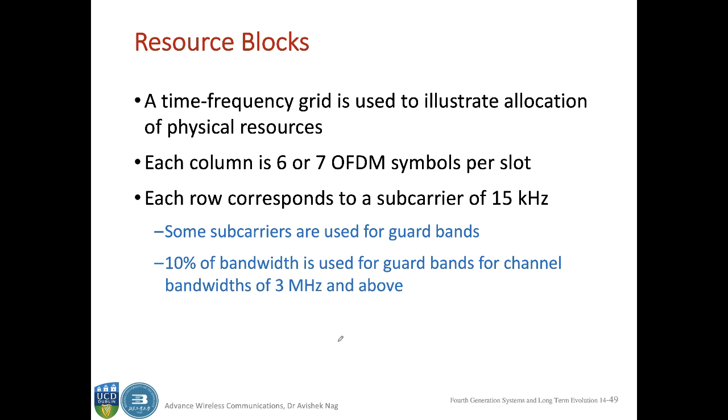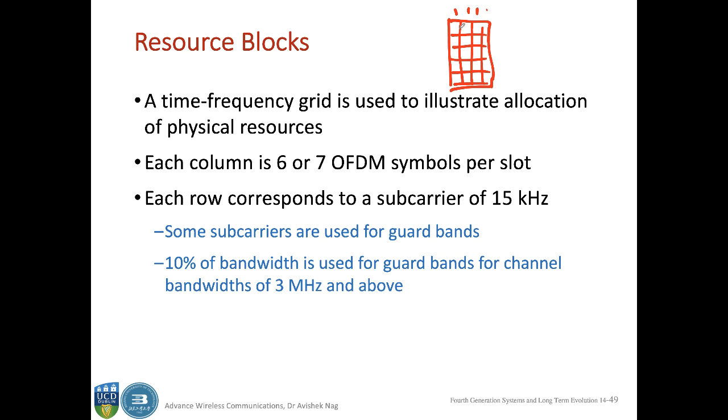So now let's look into some more details. Let's move into the concept of resource block. Basically a resource block is a time frequency grid, and it is used to illustrate the allocation of the physical resources. It will be a grid like this, and then there will be rows and columns.